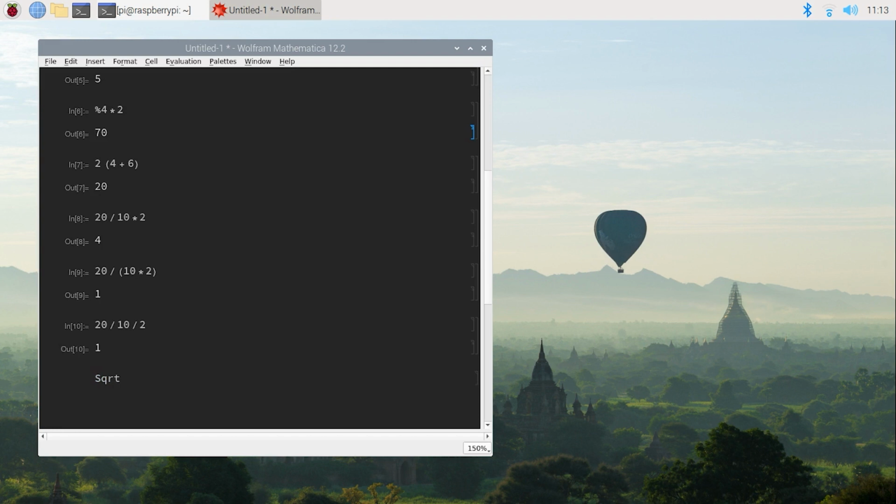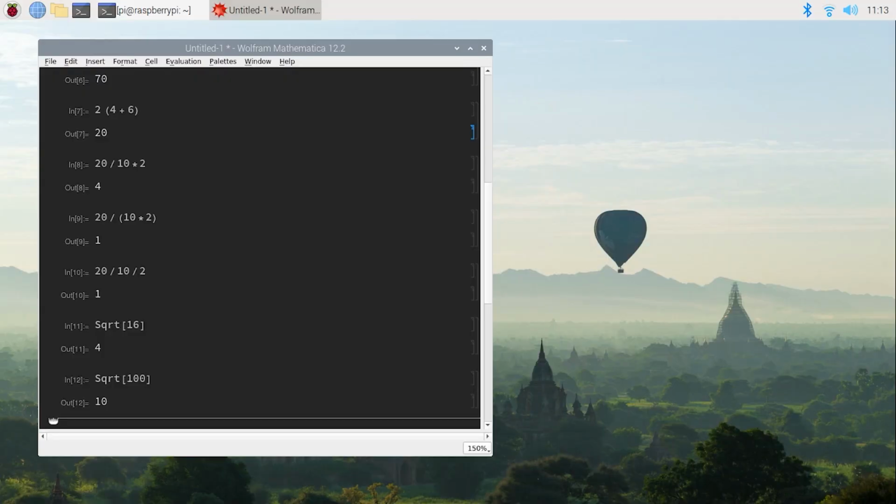The argument of a function uses square brackets. So if I want the square root of 16, I can type Sqrt with a capital S, use square brackets around the 16, and with Shift Enter, I can evaluate that and get 4. I can go square root of 100 and evaluate that and get 10.